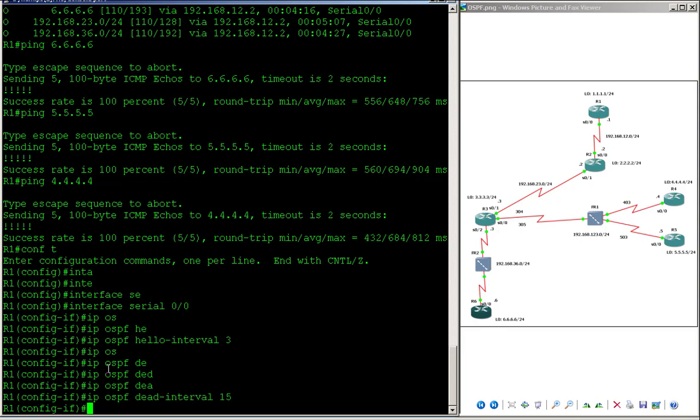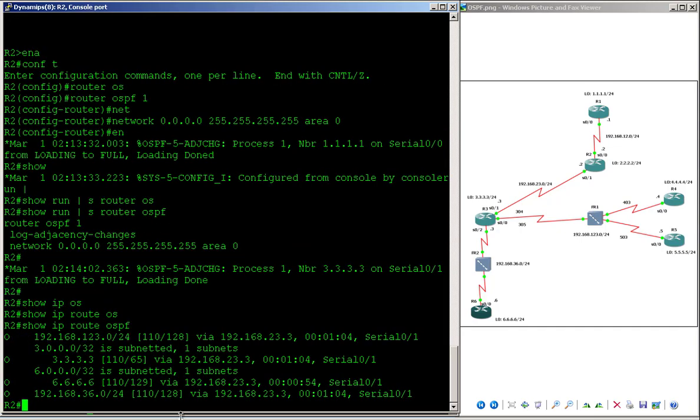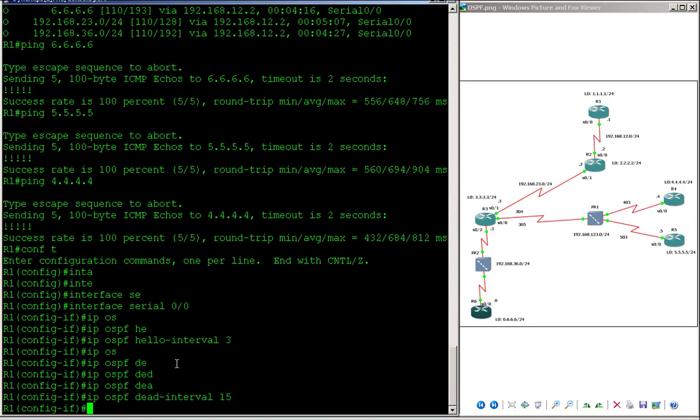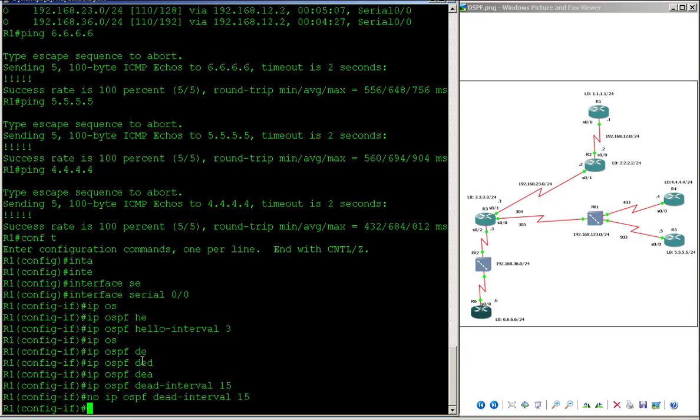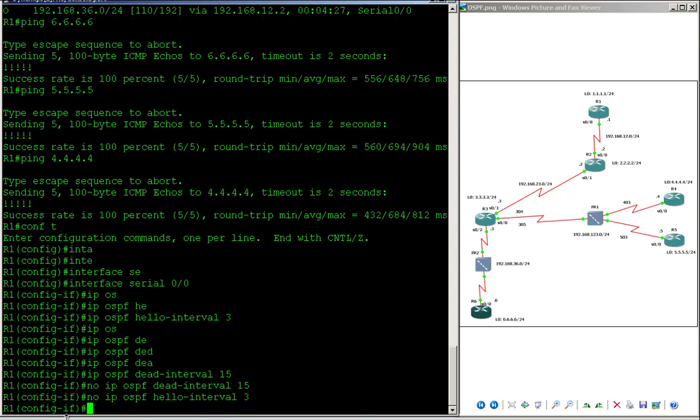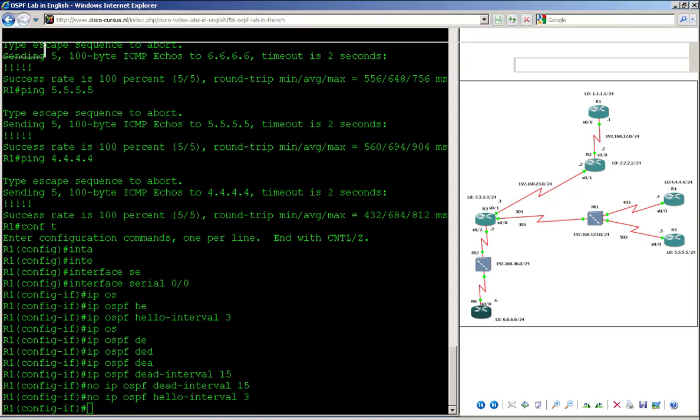This is how we can do it, and directly when we do that we lose the neighborship. So I will take out the commands. You should apply this to all your routers to ensure that you always have neighborship.